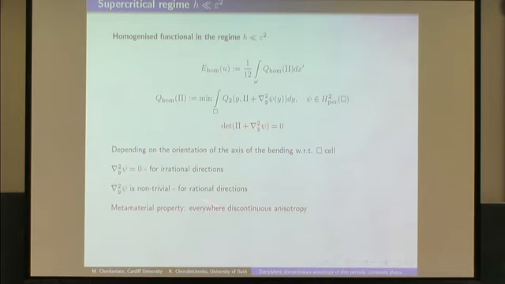So if the direction of the bending, which is encoded in this second fundamental form, is irrational, this term disappears from the formula, and we just integrate this with respect to y.